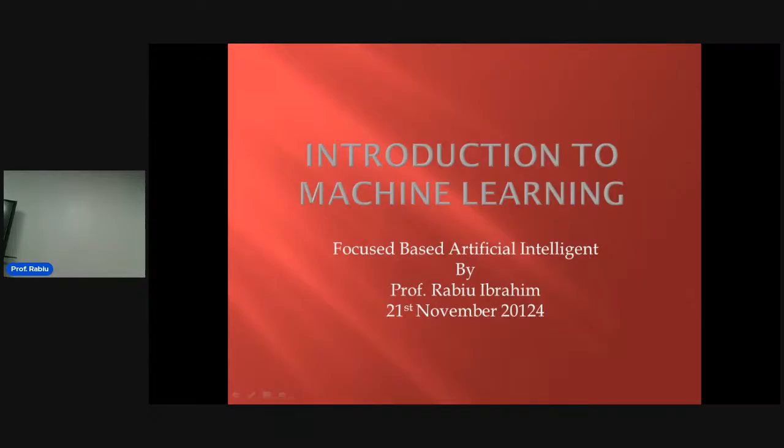So we discussed about one of the most important things in AI: there are 14 key concepts of the AI. What are they? Key concepts. We have learning, reasoning, problem solving, and what? Perception and language understanding or language processing.